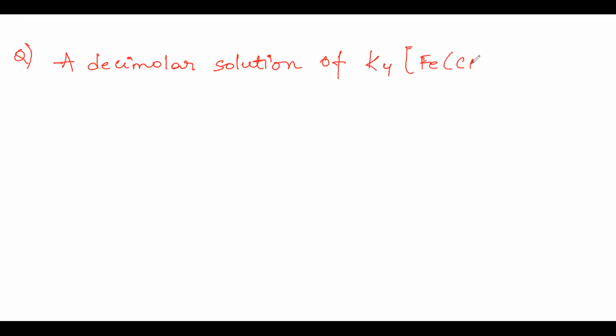A decimolar solution of potassium ferrocyanide, K4Fe(CN)6, at 300 kelvins is 50% dissociated.